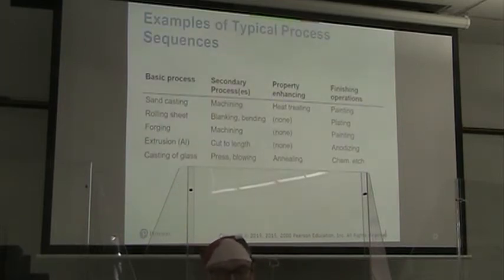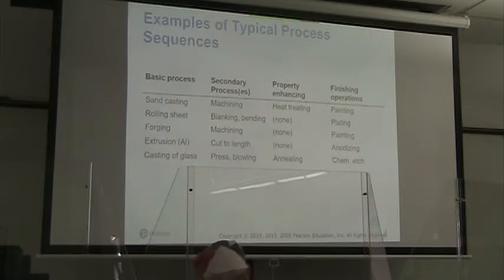All right, so these are examples of some typical process sequences. The basic process might be sand casting, the secondary process machining, property enhancing might be heat treating, and then the finishing operation is painting. Another example, the basic process might be rolling a sheet of metal.